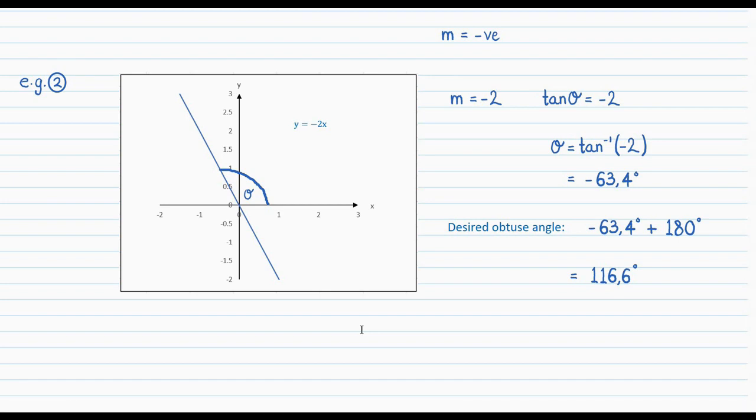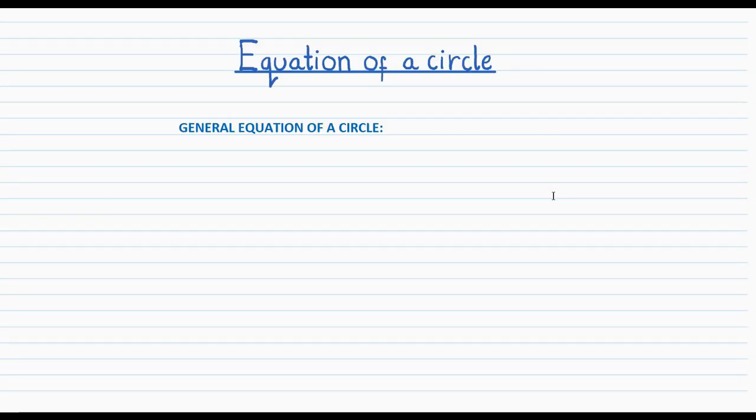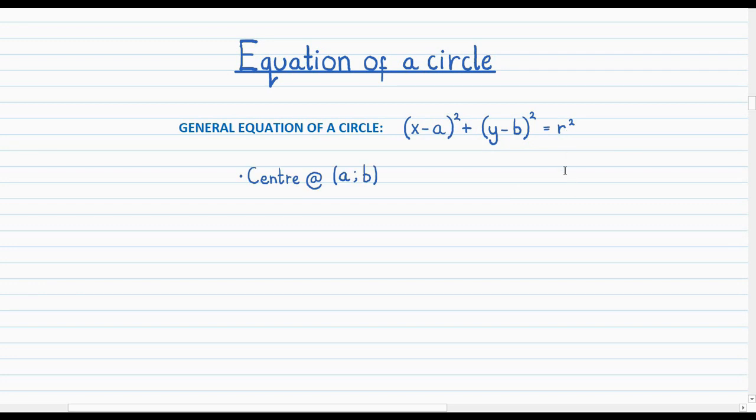Then moving on to the first bit of new material, let's see how you determine the equation of a circle. So there's a nice convenient equation describing the graph of a circle using x and y coordinates. And this is the general equation of a circle, which is the following. (x minus a) squared plus (y minus b) squared is equal to r squared, where a and b are the x and y coordinates respectively of the center point of the circle, and r just represents the radius of the circle.